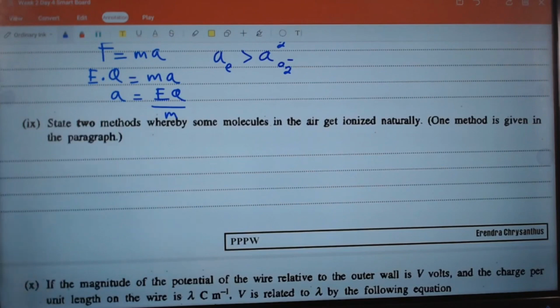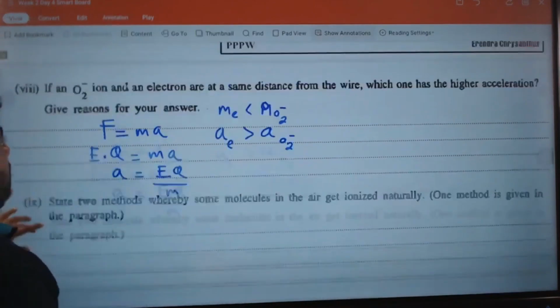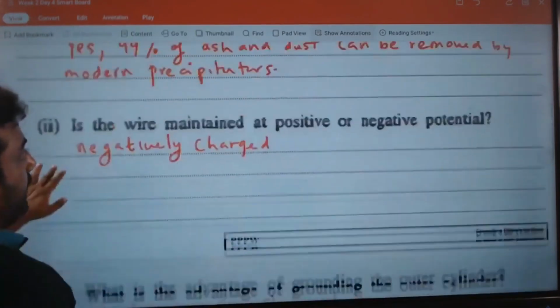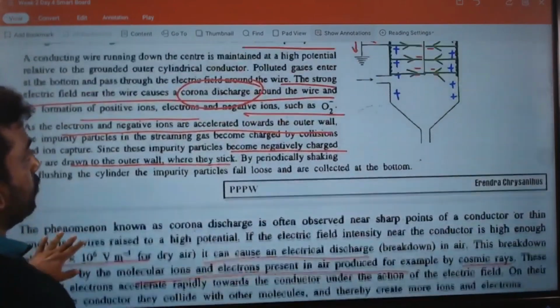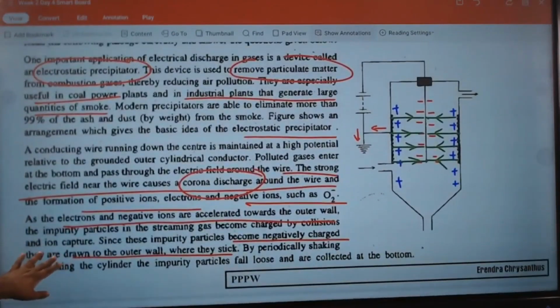State two methods whereby some molecules in air get ionized naturally. Now, if you look at the paragraph, here ionization occurs due to corona discharge.